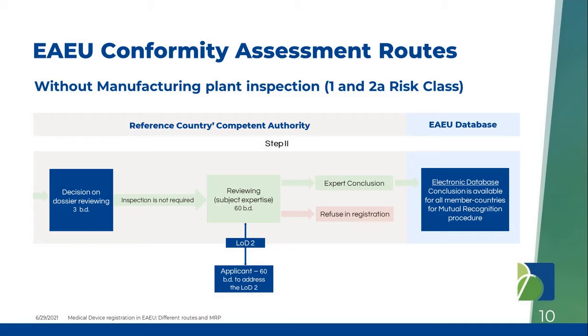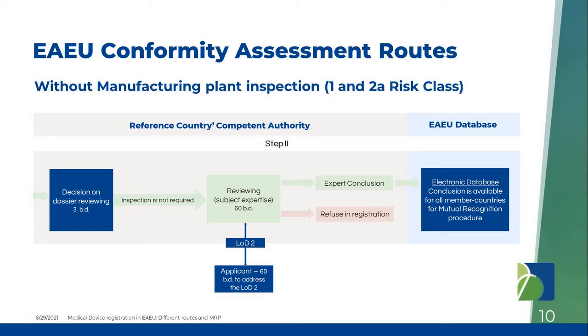In our case, we don't need to perform a quality management system inspection of the manufacturing site for class 1 and 2A non-sterile devices, and our dossier should pass to the second step, subject review. The timeline for this procedure is 60 business days.